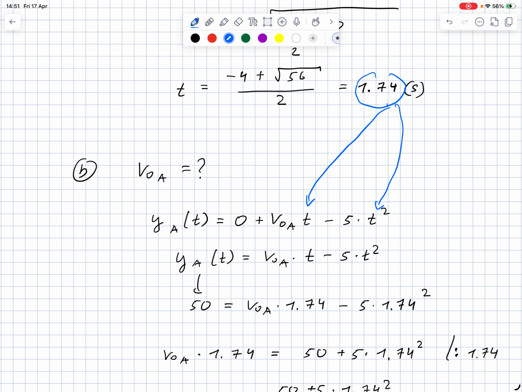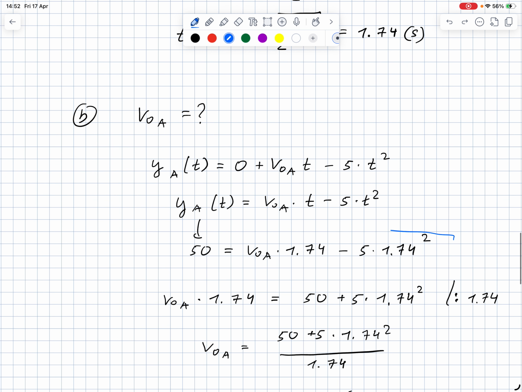Also, we know that when the collision occurs, the position of A also is 50 meters. So we're going to substitute the position of object A when the objects collide, and of course the collision time. You can see it here. Let's move this part to the left, then you will see this expression.